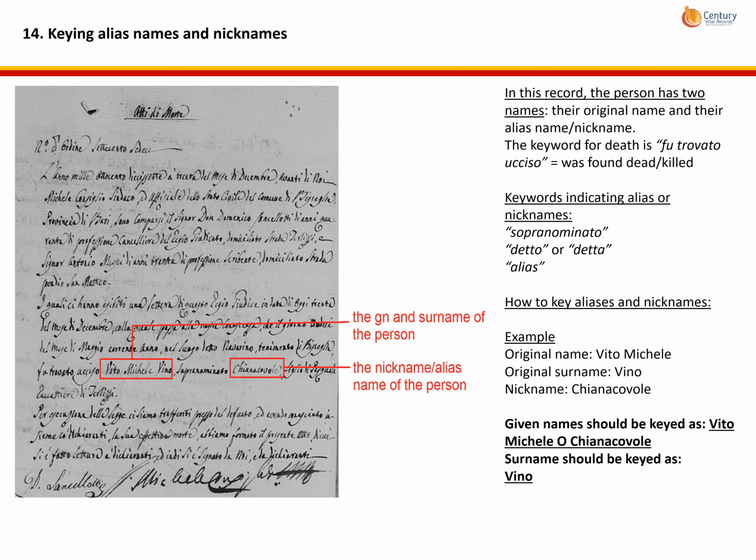For people with aliases or nicknames, both names should be keyed. Look at the keywords indicating the alias or nickname. Then look at the example to understand how the names should be keyed.